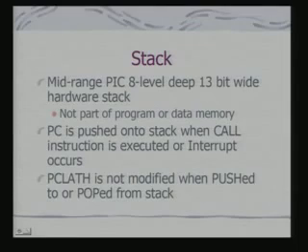And typically the PC latch high register is not modified when pushed to or popped from the stack. What does that mean? That means effectively you are confined to pages, the banks that are organized, you are confined to those pages. So this gives you a certain kind of restriction in moving around the value of PC.